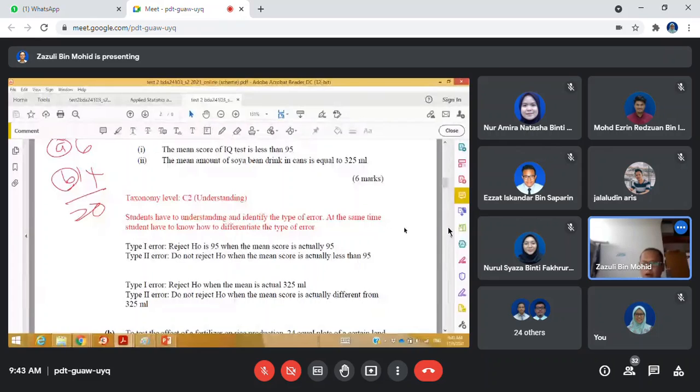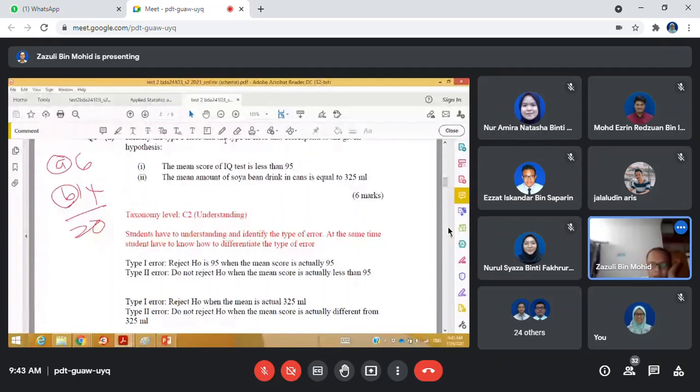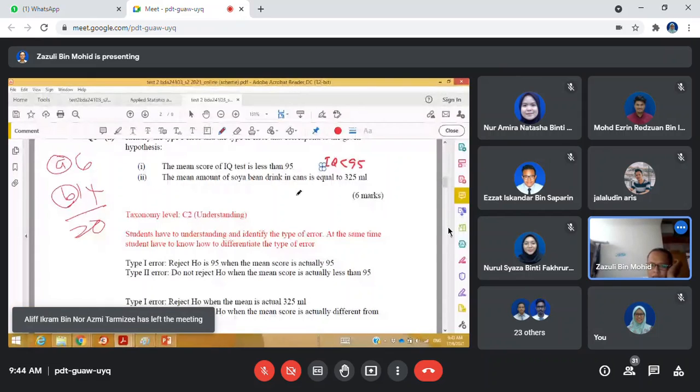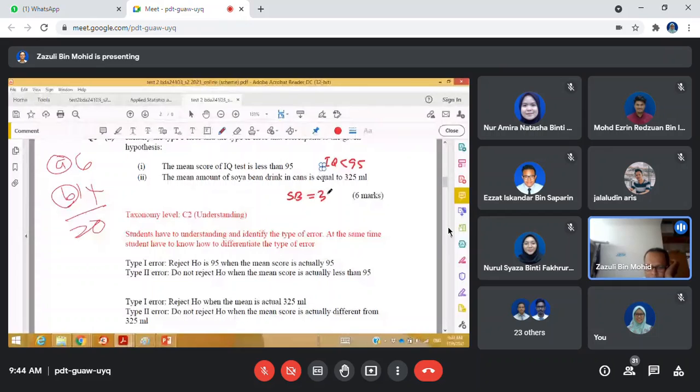So the question here, when you see this IQ less than 95, this one is the sigma equal to 3.5. Okay. The type 1 error, reject H0 when the mean score is actually 95.